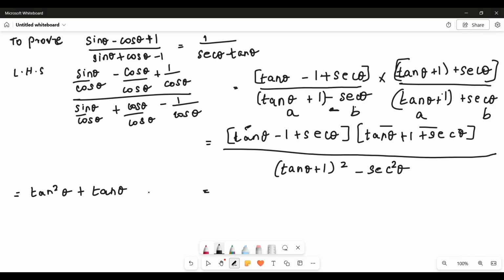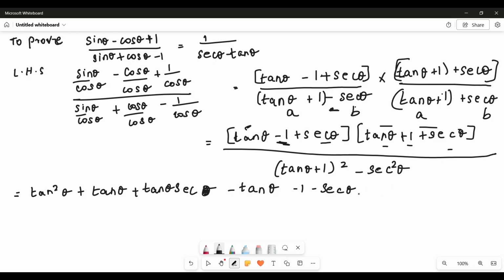Tan theta times secant theta becomes tan theta secant theta. Now I'm taking the next term, minus 1, and multiplying with all the terms in the second parenthesis. So minus 1 times tan theta is minus tan theta, minus 1 into plus 1 is minus 1, minus 1 into secant theta is minus secant theta.